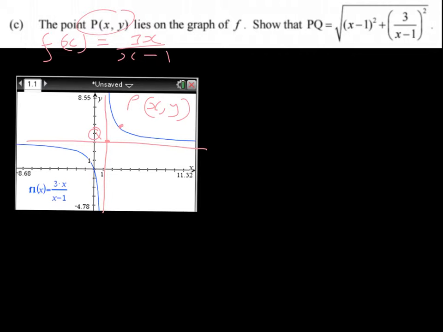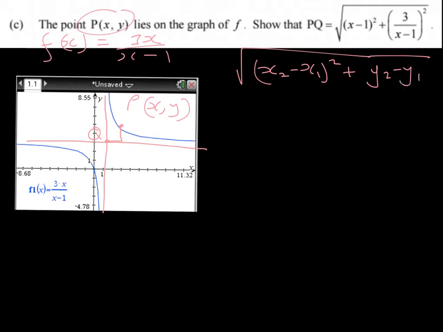Essentially then, all we're doing is finding the distance. So we're just going to use the formula for the distance between 2 points, which is going to be the square root of (x2 minus x1) all squared plus (y2 minus y1) all squared.